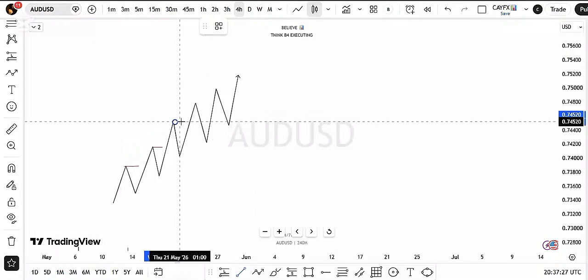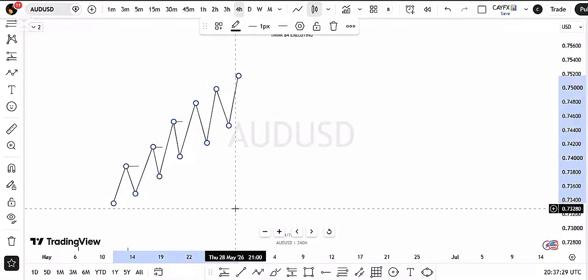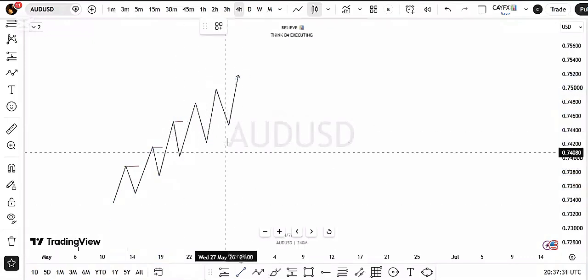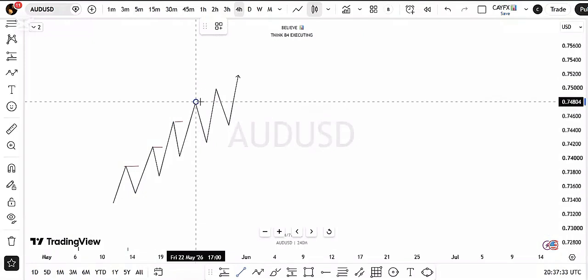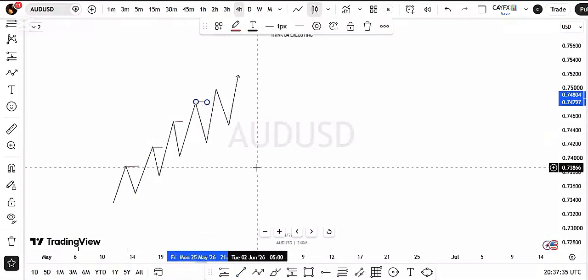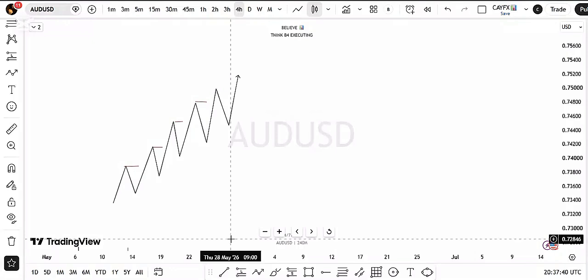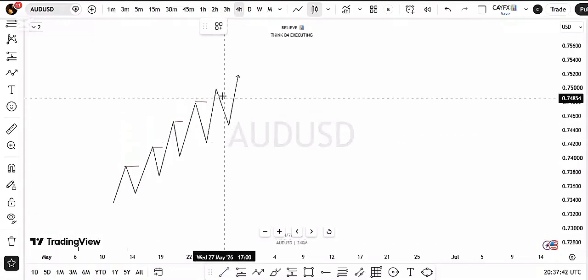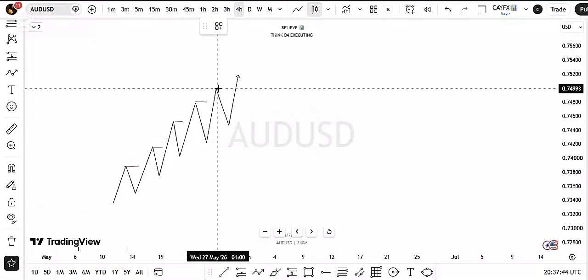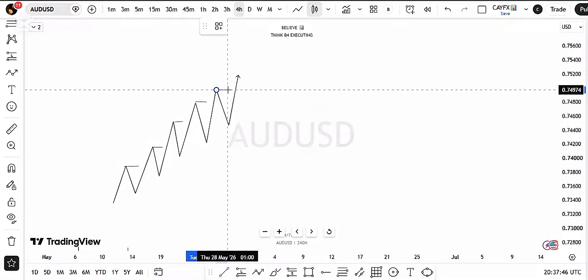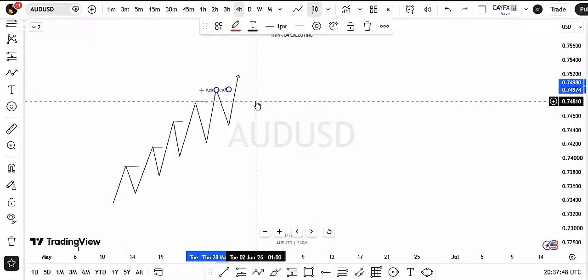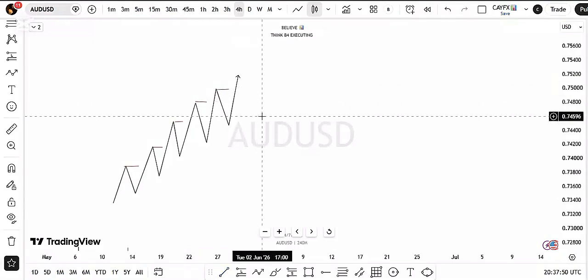What I'm marking out is the break of structure to the upside, again and again. This is a basic market structure. Are you getting my point?